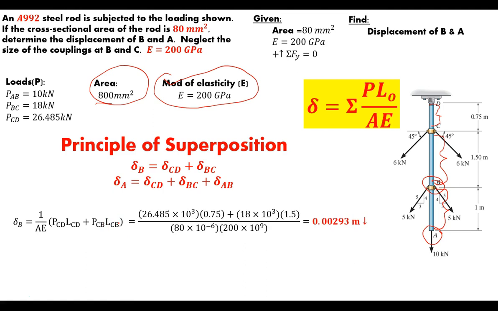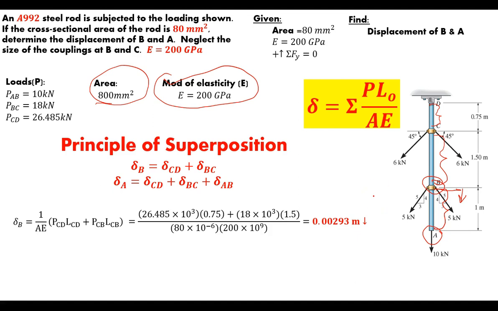We put this together, plug in all of our numbers, and we can see from this loading, and it makes sense, that it's going down. It's actually traveling down about almost 3 millimeters, 0.00293 meters, at segment B. So that's what segment B is doing. It's moving about 3 millimeters down. So it's stretching. It makes sense because these are all downward biased loads.